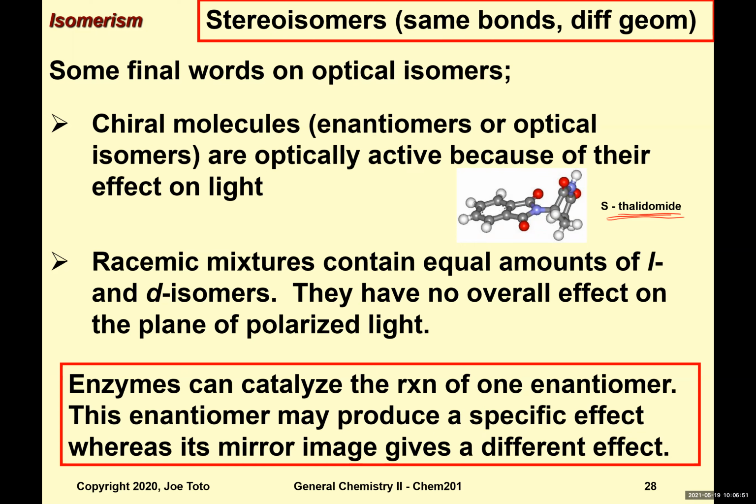And they found the reason is because this one form of thalidomide, the S form, kind of attacked any cells that were rapidly growing. And so you could see that that was not a good thing to give to a pregnant woman. Nowadays, I think they've started to do more research on this, and they've used this isomer to combat things like cancers and tumors.